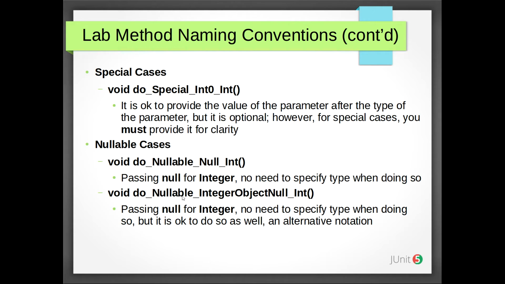Void do_nullable_integer_object_null_int. We can also do that. We can say integer object of value null we're passing in, and we're getting a primitive integer in return. So some flexibility in how we can do that. Passing null for integer, no need to specify type when doing so, but it is okay to do so as well.